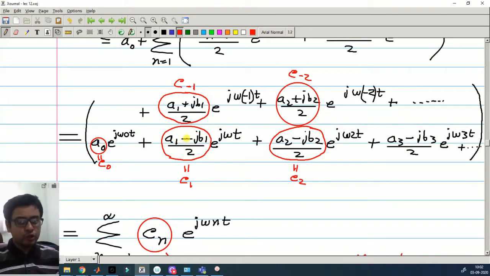then Cn can be calculated as (An minus jBn) by 2. And if you do not know, we will use the trick that we used yesterday.